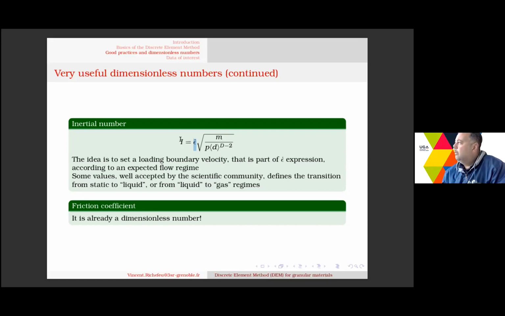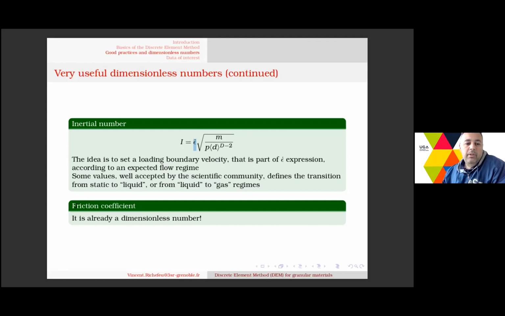Maybe 10 to the power minus 3 is okay for a simulation. It's not the case in experiments, but for a simulation, 10 to the power minus 3 or minus 2 maybe is the limit, the fastest loading you may use. And using the relation, you will impose I and you will define the strain rate. So you will be able to define the velocity you need to apply for the biaxial compression.